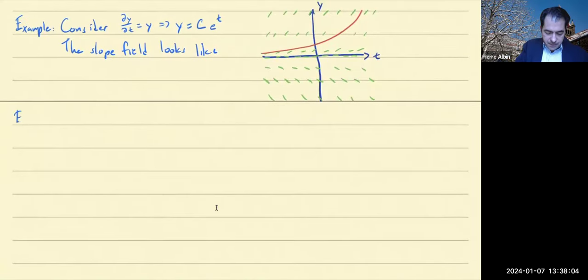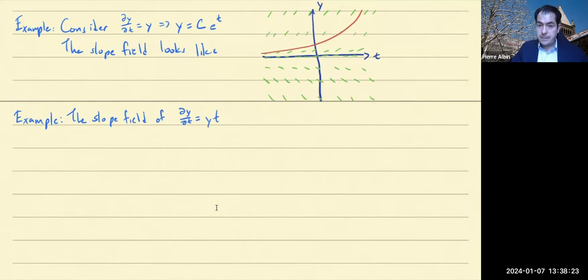Next example. The slope field of dy/dt is equal to y times t. Okay, here's t, here's y.